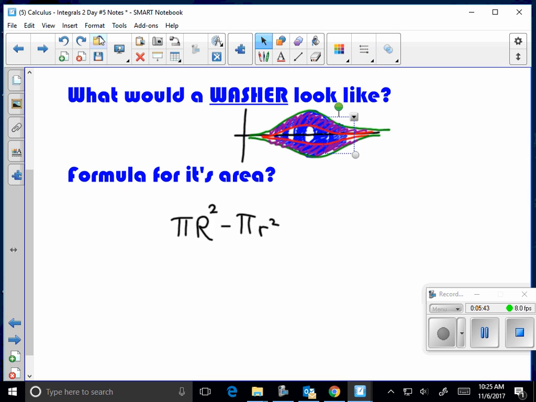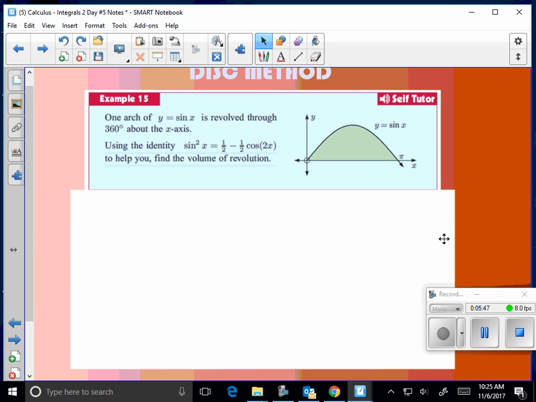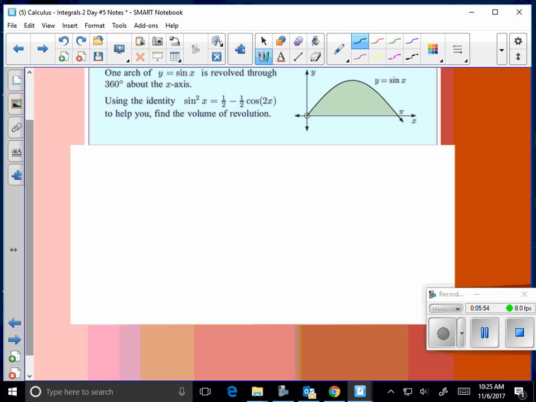Okay. So let's move on. Let's talk disk method. So disk method is your friend. Disk method is easy because it doesn't require a whole lot of algebra, except in this case, right? What would be the radius of this circle?